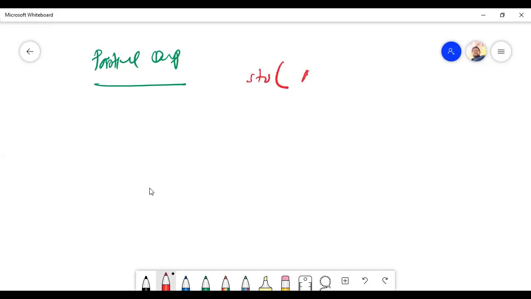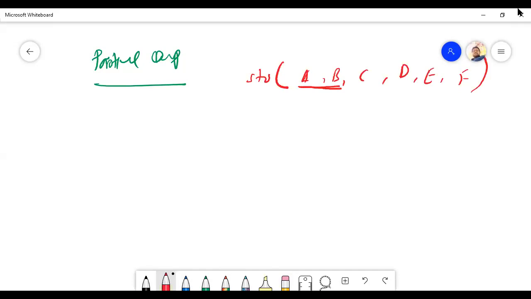A, B, C, D. So here, this is the primary key. Rather, I add another couple of letters, then you can understand easily.